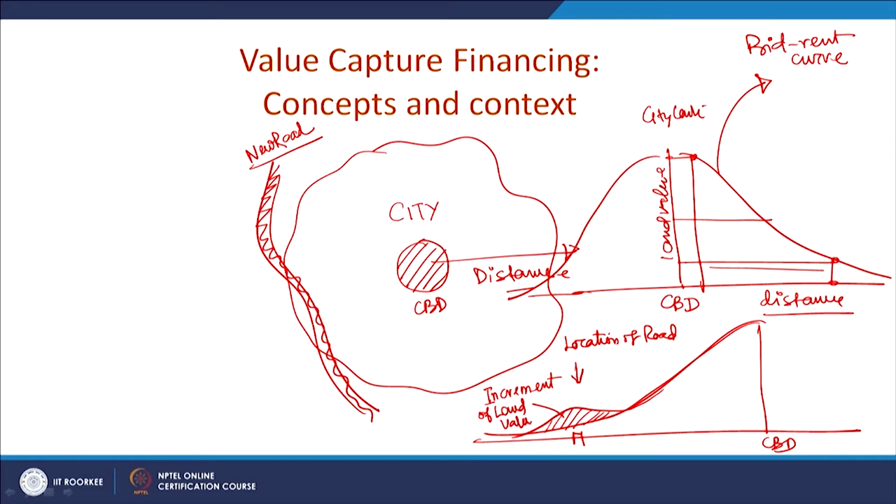This increment, and this is the road. I am just showing it conceptually so that it is understandable. This is the normal bid rent curve or land value curve, and because of the new infrastructure project the curve changes like this.